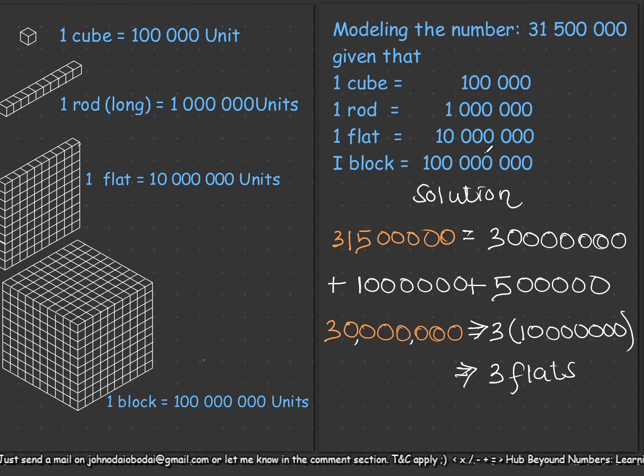So unlike previously where 1 cube was just 1 unit, this time that isn't the case. 1 cube is 100,000 units. 1 rod will be 1 million units. 1 flat is tens of millions, whilst 1 block is something else. So you just need to take note of your units, know how to write your numbers in expanded form, and from this expanded form, you do your appropriate substitution, and you are good to go.